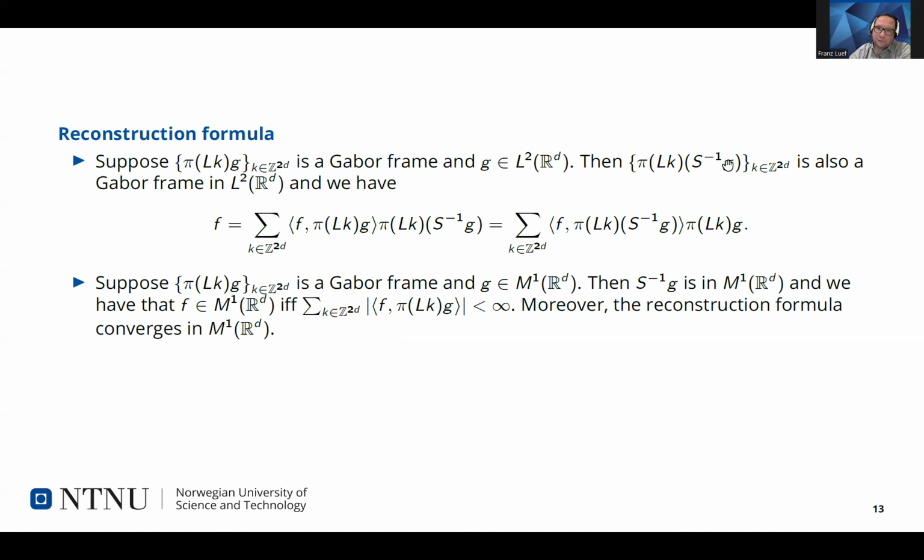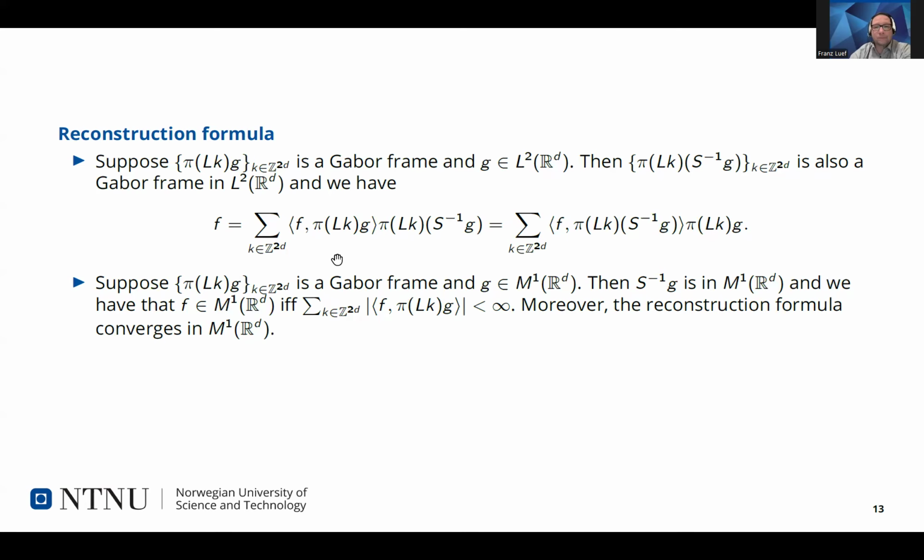So you can actually interchange this S inverse with this. And that's why you get this very nice so-called canonical dual system that has the same structure as the original system. So it's again generated by this system π over all the lattice points. And then you can now write every f in this form.